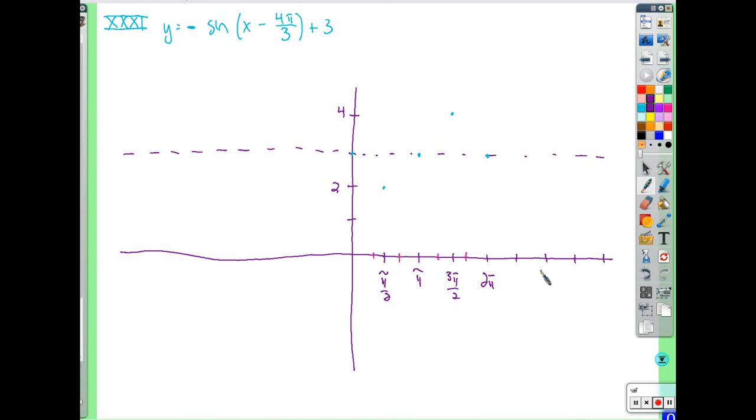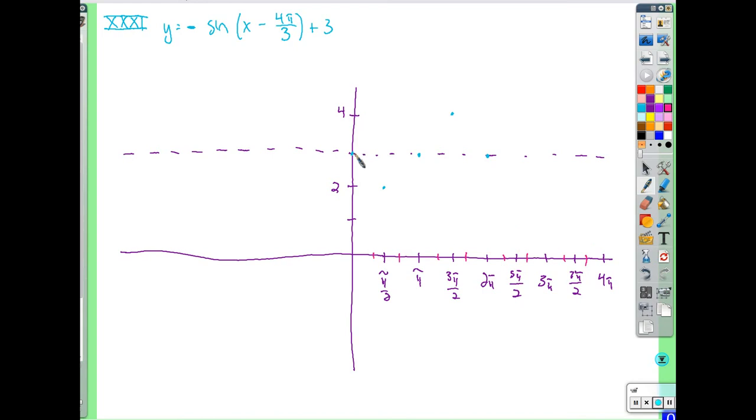So this is going to be 3 pi and 4 pi, and this is going to be 5 pi over 2, and this is going to be 7 pi over 2. And we'll divide each pi into 3 pieces, so we can count by pi over 3s. We'll go about it that way.